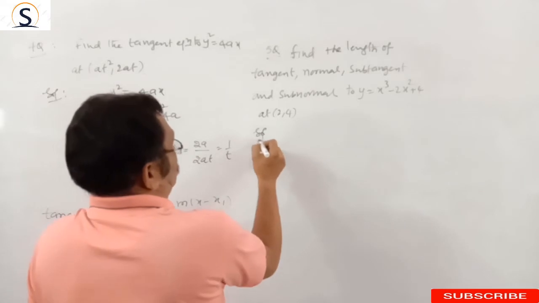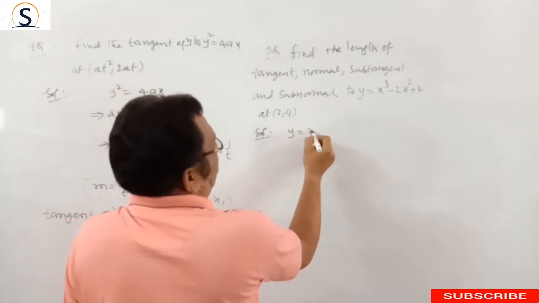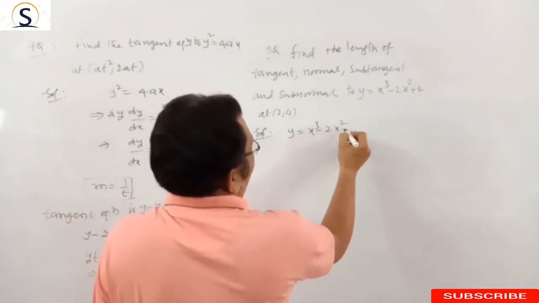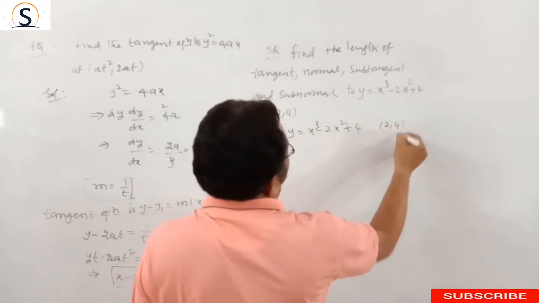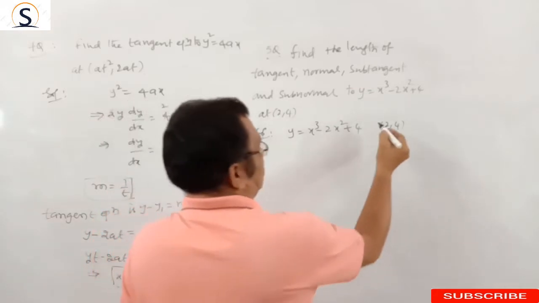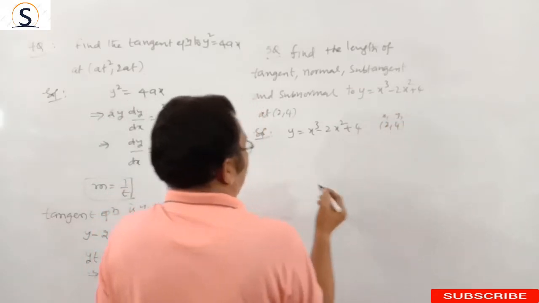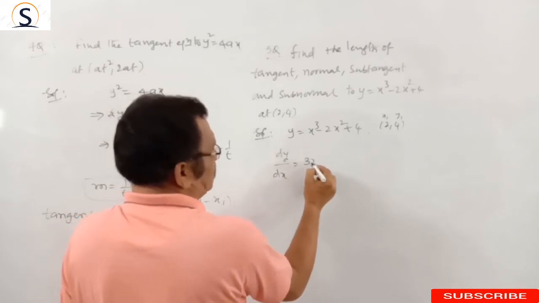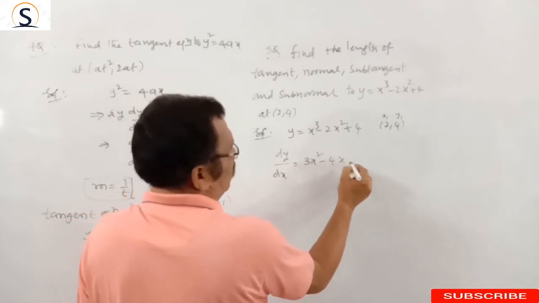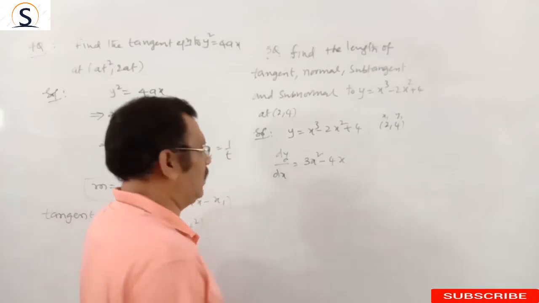Okay, y is equal to x cube minus 2x square plus 4. Here the point is (2, 4). This is x1 and y1. Now dy by dx is equal to the differentiation, 3x square minus 4x; the derivative of the constant is 0.